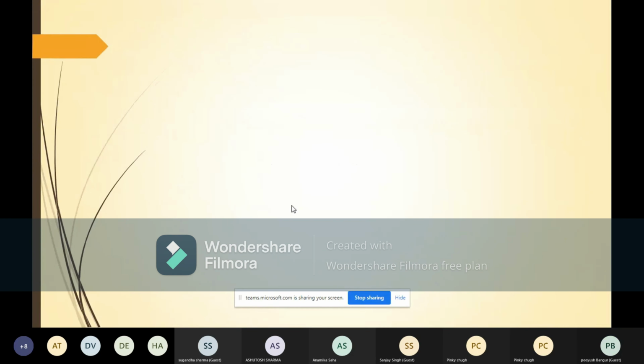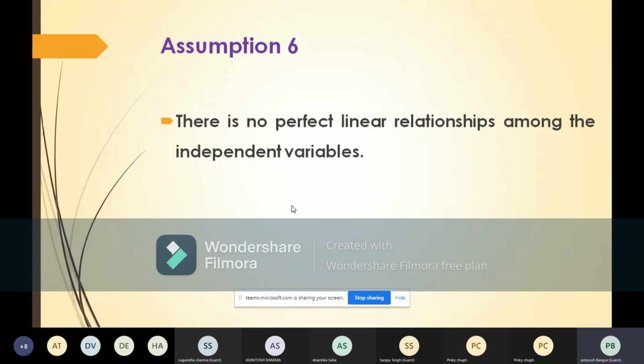Then there is no perfect linear relationship among the independent variables. See, this particular assumption applies only to multiple regression, not to simple regression. Why? Because here they are talking about independent variables, that means two or more variables, which are not perfectly or linearly correlated with each other.